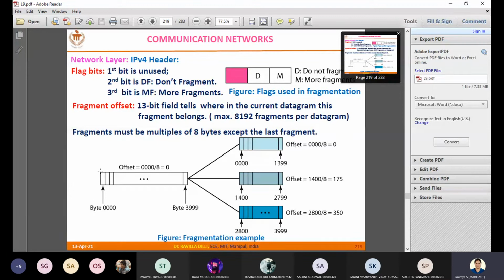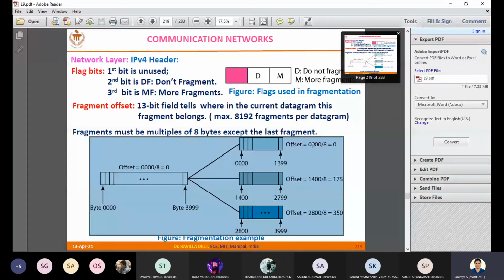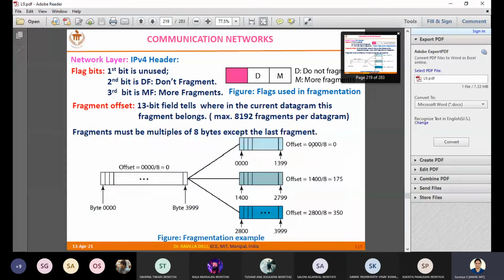So if this is your entire data, starting from byte 0000 up to, for example, byte 3999, that is 4000 bytes totally. This is further being divided. How do you divide? It must be in multiples of 8 bytes.